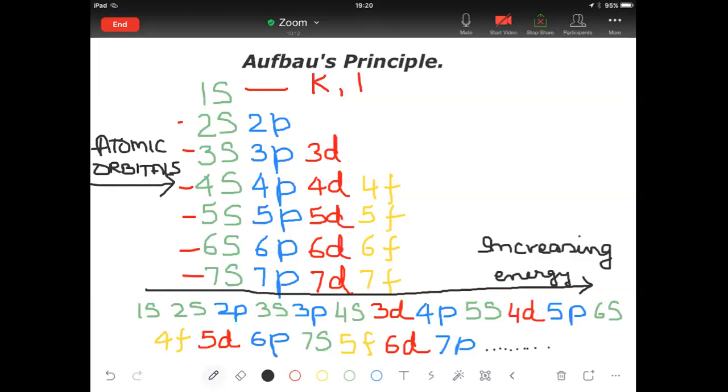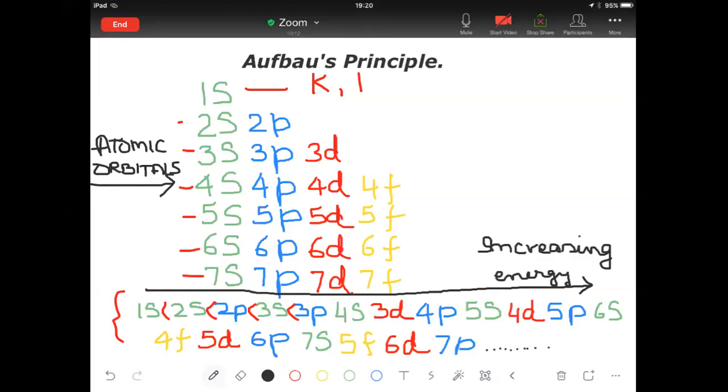But if you see here, I have written them in increasing order of energy level. The red line in between shows that the energy is increasing. The one with the lowest energy is filled up first, and then the next one.